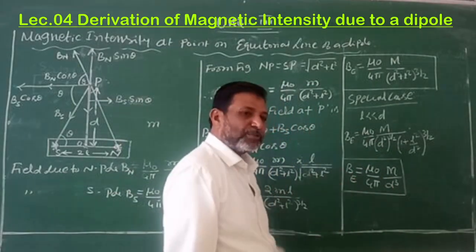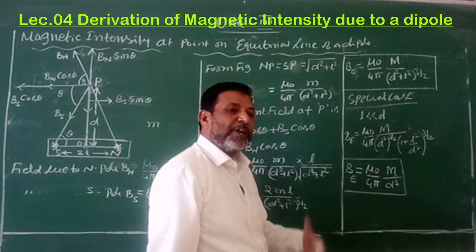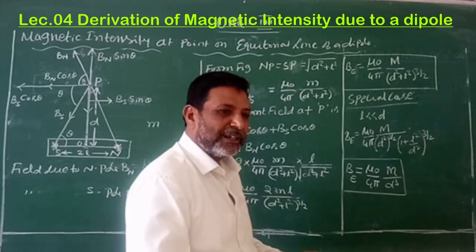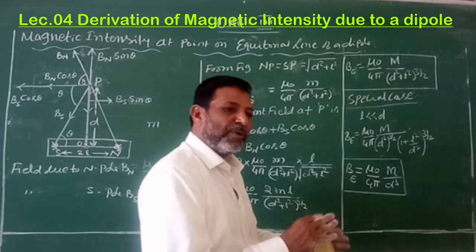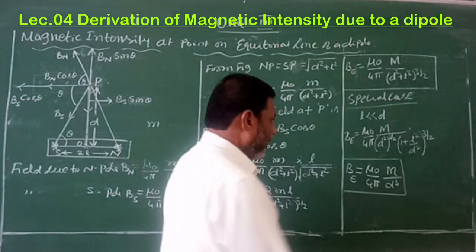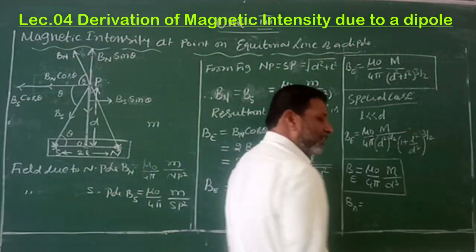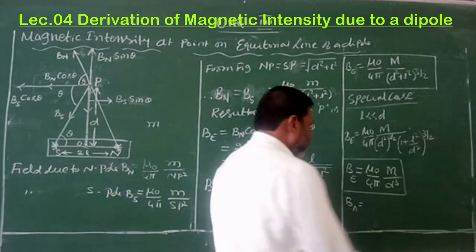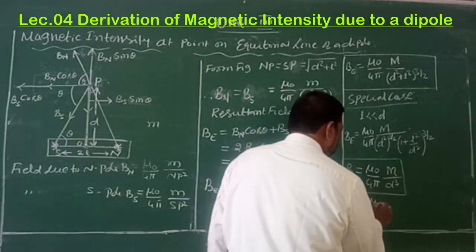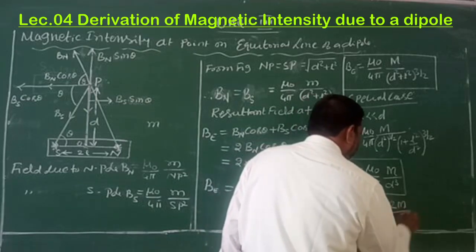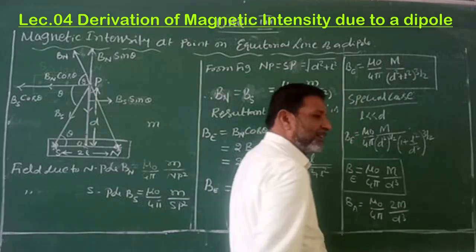Now, when you compare the field on the axial line and the equatorial line, let us see what relation you will get. Field along the axial line, that we have already derived. Its value is equal to mu naught divided by 4 pi, 2M divided by D cube.